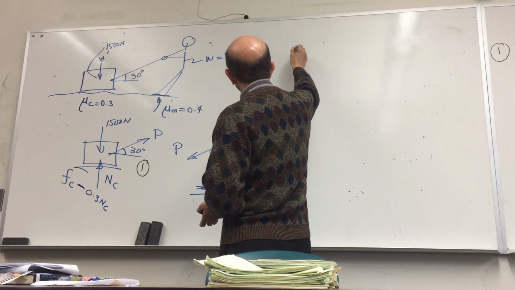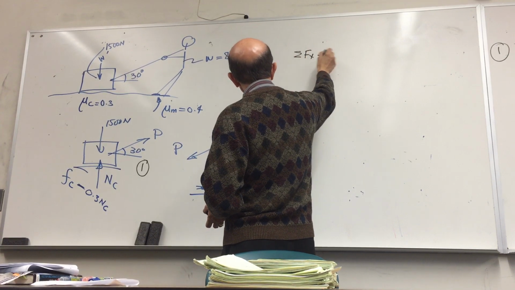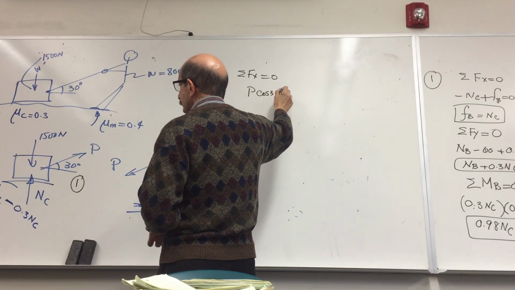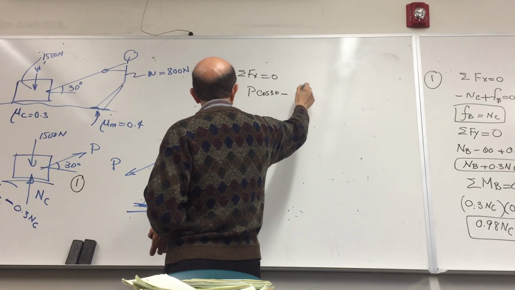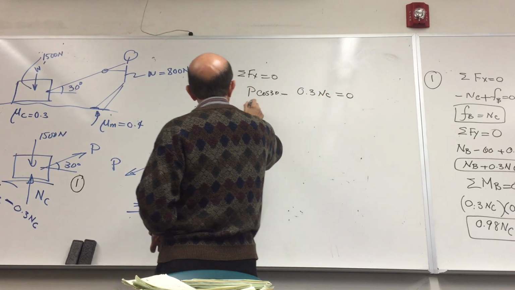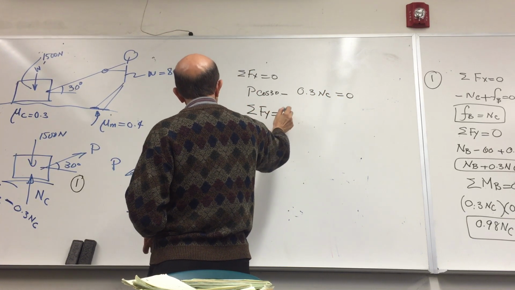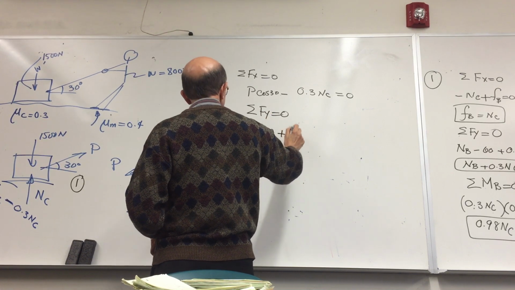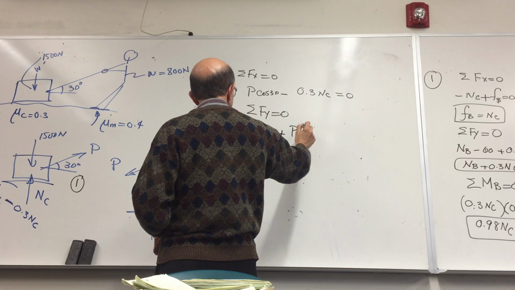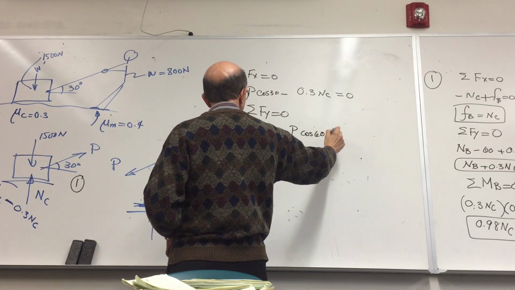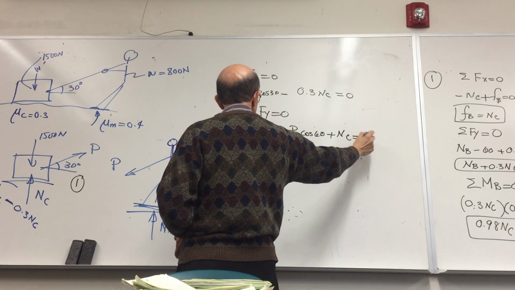So you write summation of forces along x is equal to 0. So you have P cosine 30 minus f of c, which is 0.3 Nc, is equal to 0. Summation of forces along y is equal to 0. You have negative 1500 plus P cosine of 60, plus Nc is equal to 0.